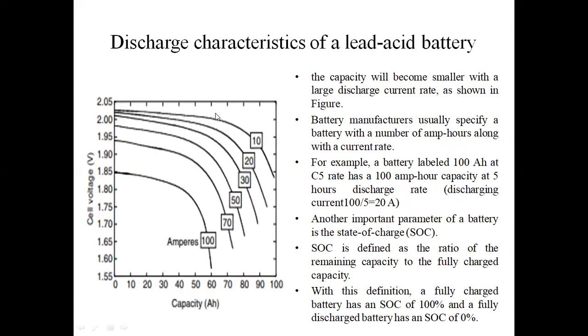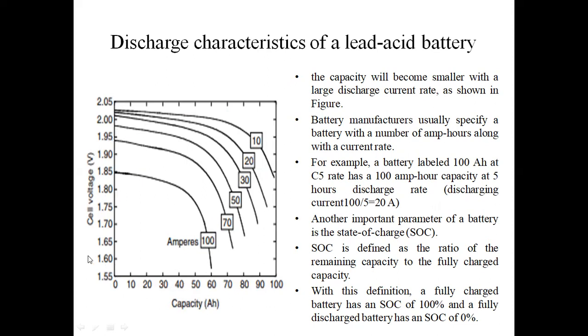Next, this is the discharging characteristics of a lead acid battery. In this characteristic, this is the Y-axis and this is the X-axis. On the X-axis, here 0, 10, 20, 30, 40, up to 100. This is the capacity of the battery in ampere hours.